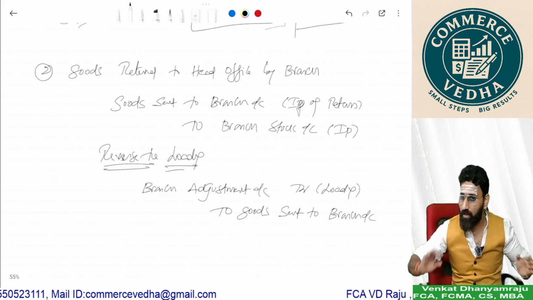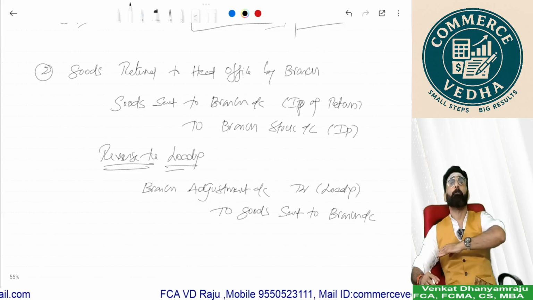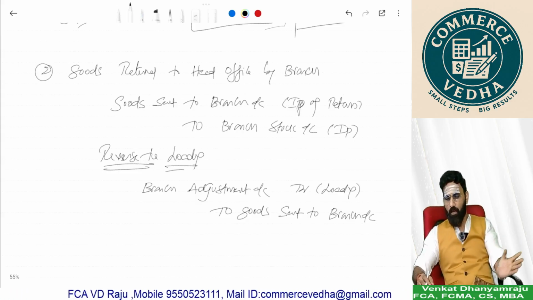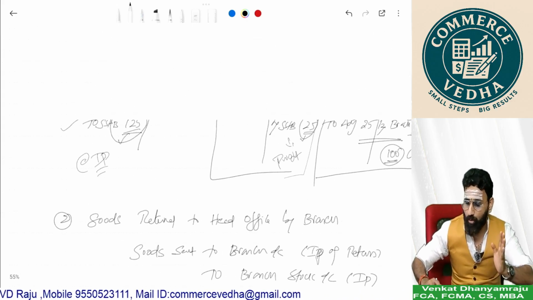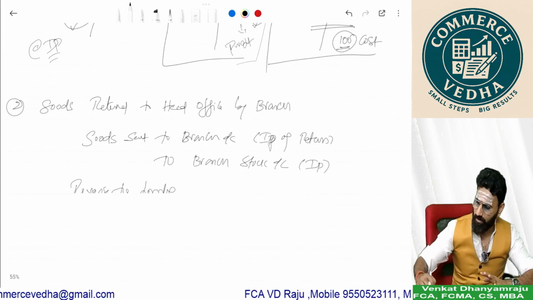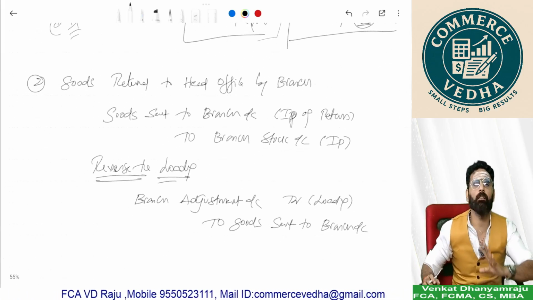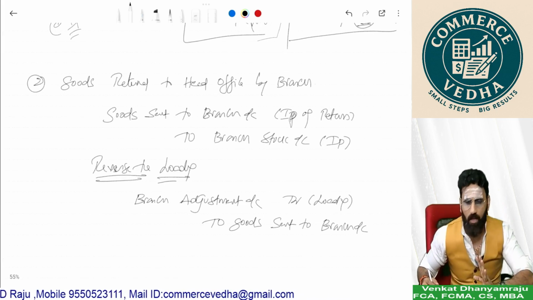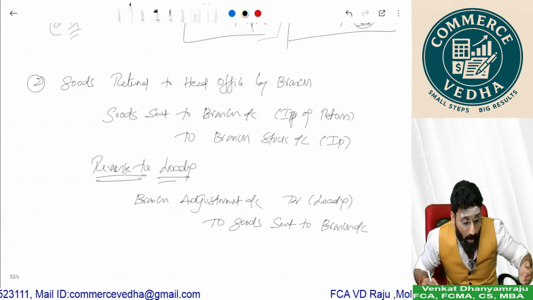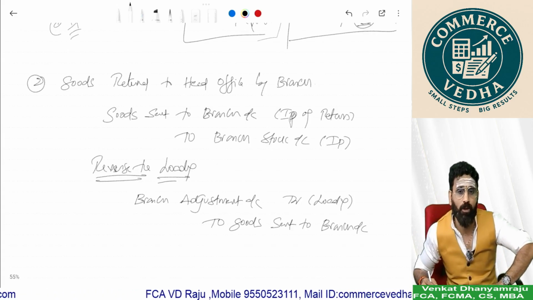The profit which was taken on the credit side is now reduced, because I can't sell it, as I gave it back to my head office. So one is for goods sent to branch, the other one is for goods returned to head office. These two are the important entries. Whenever goods come from HO to branch, there is a receipt and reversal of loading.